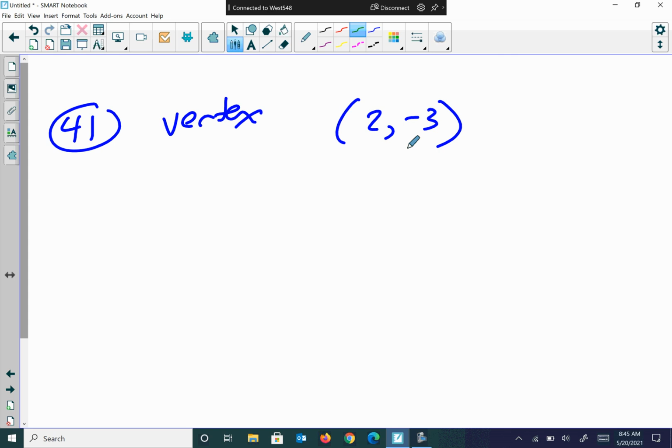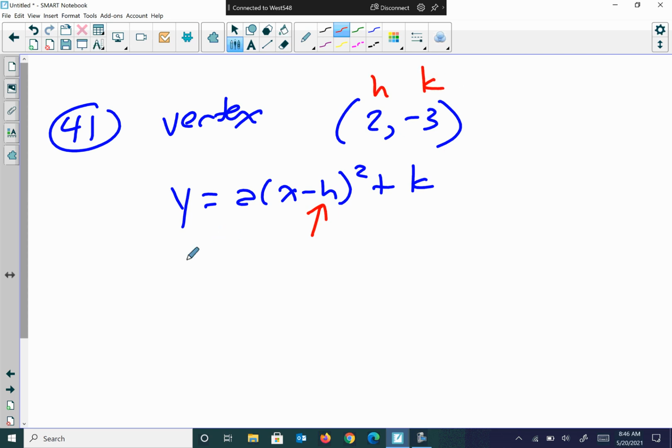All right, so now this is my general equation for a parabola in vertex form. Remember, I always said this is opposite. So this is my h value, this is my k value. Yes, they're x and y, but that's what we're going to use. So I'm going to do the opposite of that h.